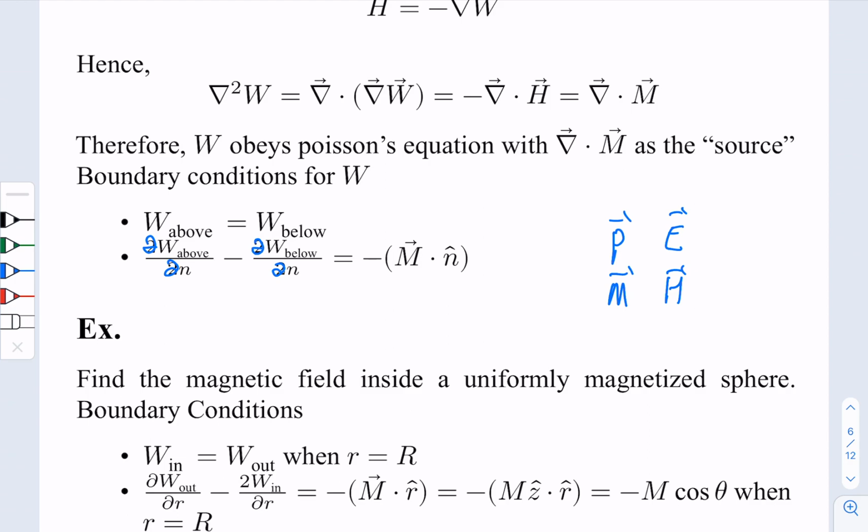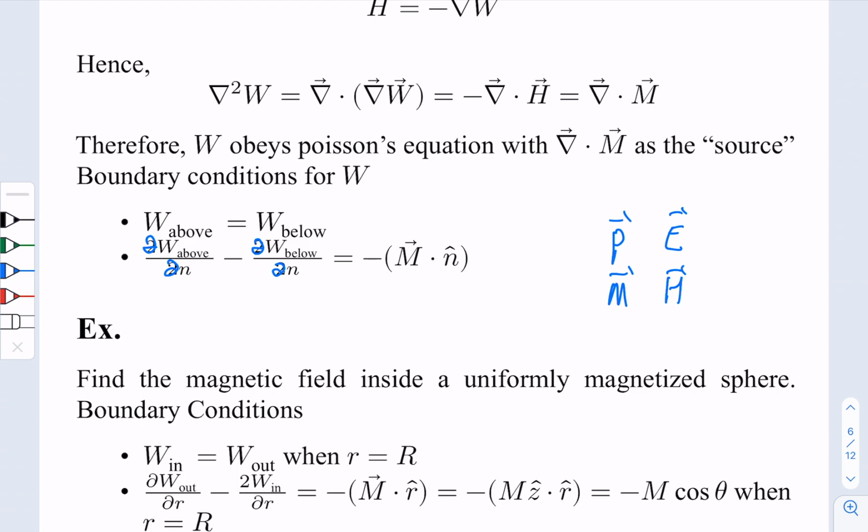Now this charge translates to del dot M, and on this edge, it is M dot n hat.